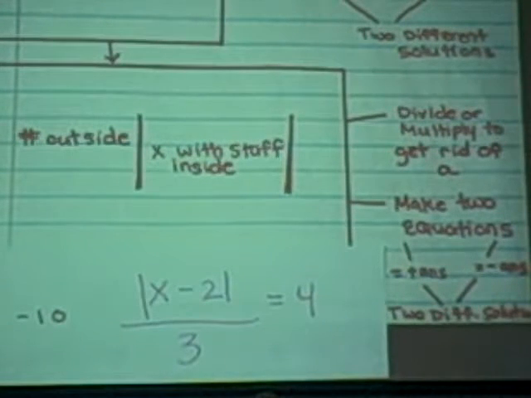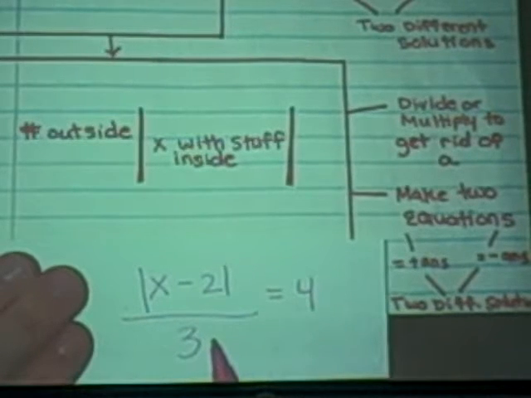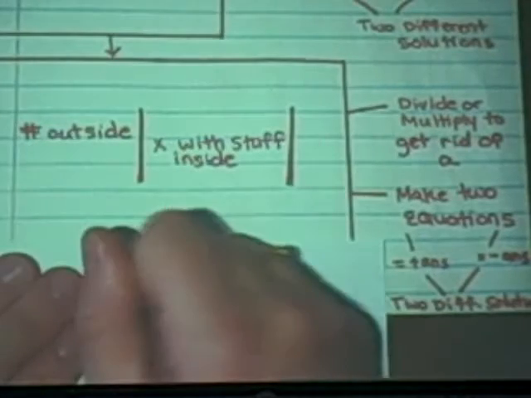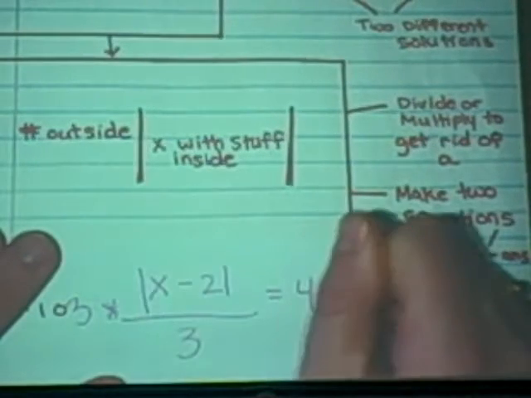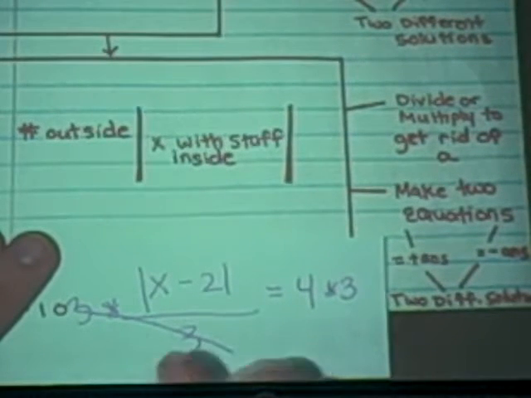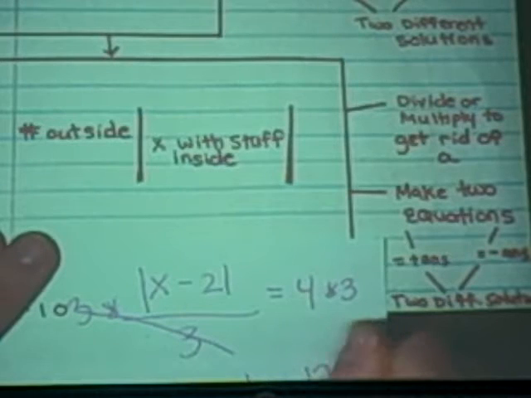When you have that type of problem, you start with dividing or multiplying to get rid of that number outside, which we call A usually. So on this one, since it's divided by 3, how would we get rid of it? Exactly, we multiply by 3. We are now left with the absolute value of x minus 2 equals 12.